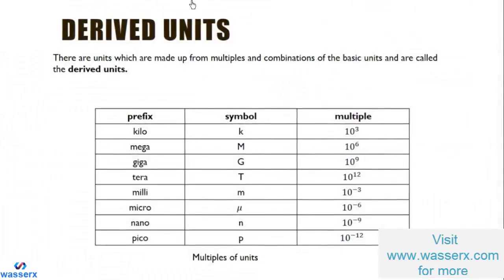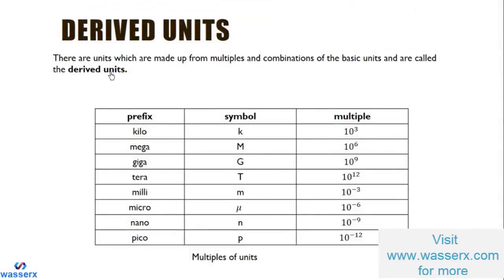Now let's talk about the derived units. There are some units which are made up from multiples and combinations of the basic units, and these are called the derived units. So these are the examples. We have kilo, then this is the symbol, and this is the multiple.